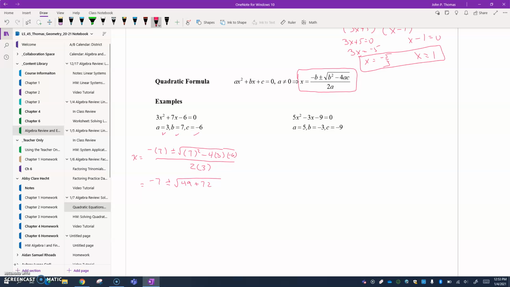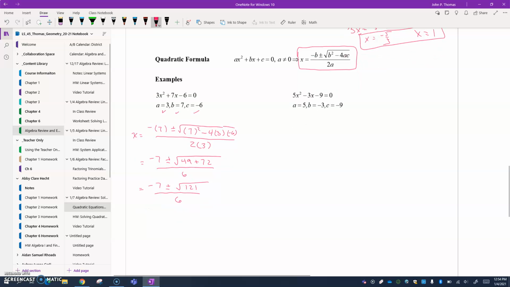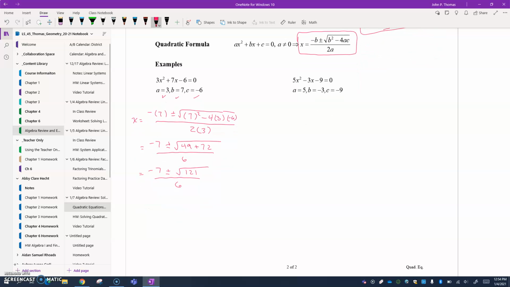So if I push those two together, and that's all over 6, that's a negative 7 plus or minus square root. That's going to be a 121 inside, all over 6. Now, we know the square root of 121 is 11, so I have negative 7 plus 11 over 6, and negative 7 minus 11 over 6. Again, I'm leaning on that plus minus sign that was there.